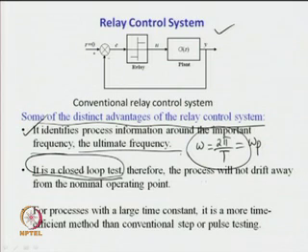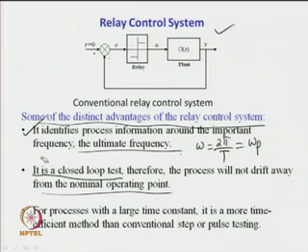Therefore, the process will not drift away from the nominal operating point, since the process or plant always operates in closed loop and we are inducing limit cycle or oscillatory output in closed loop. The process will not drift away from the normal operating conditions.